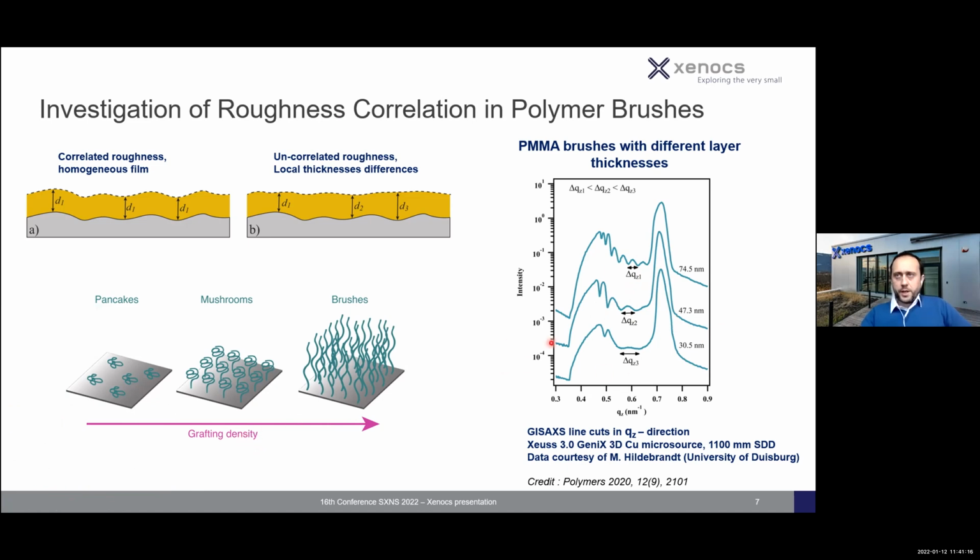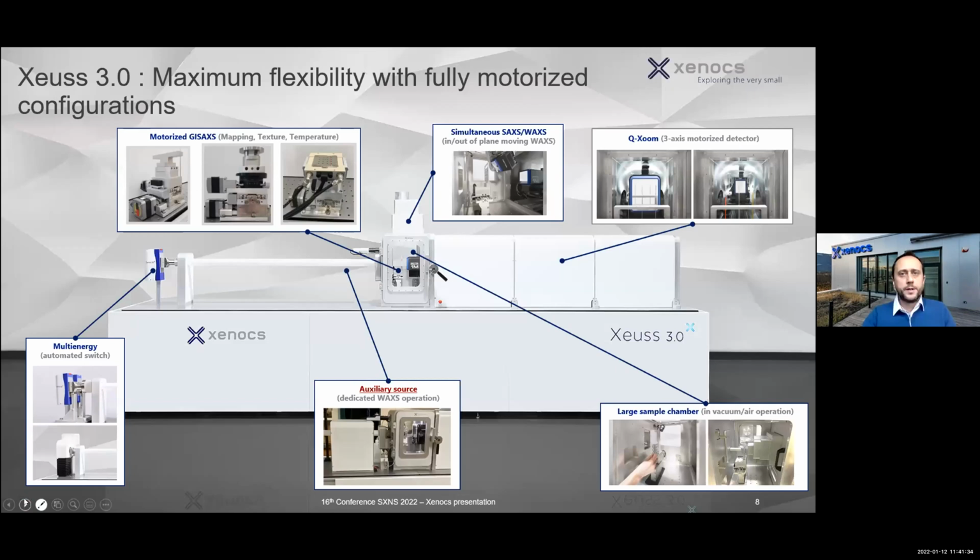Here is an extract of a measurement that was done on Xeuss 3.0 showing this capability. I would like to emphasize also that with the current laboratory systems that we have, we perform beam-stopless measurements, which can be highly advantageous for this kind of measurements.